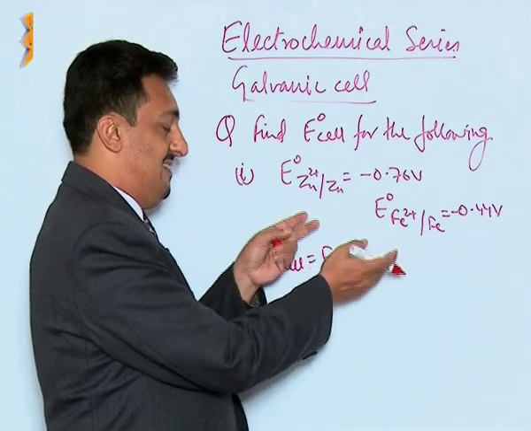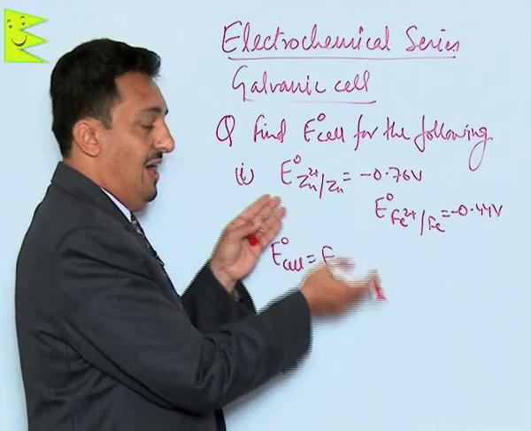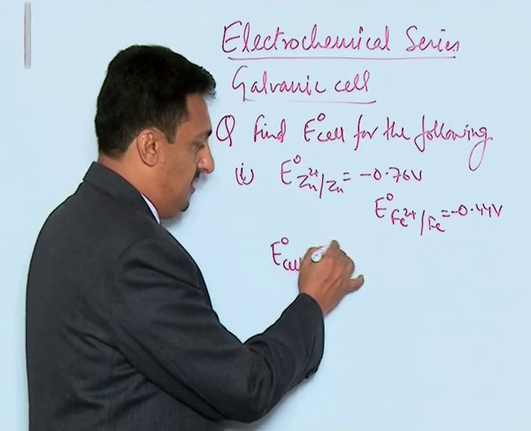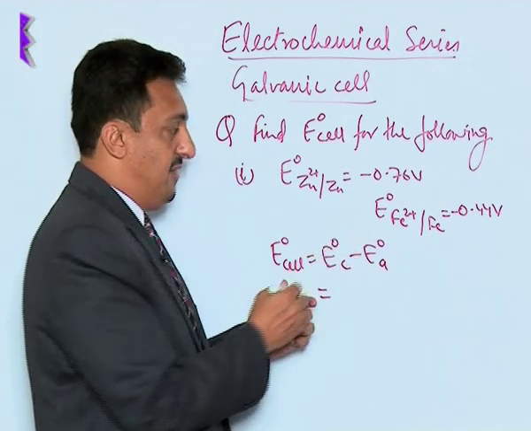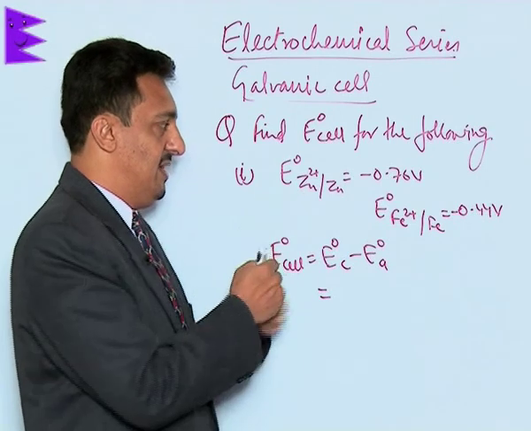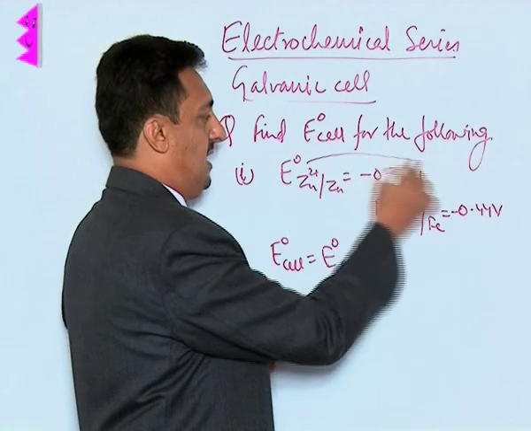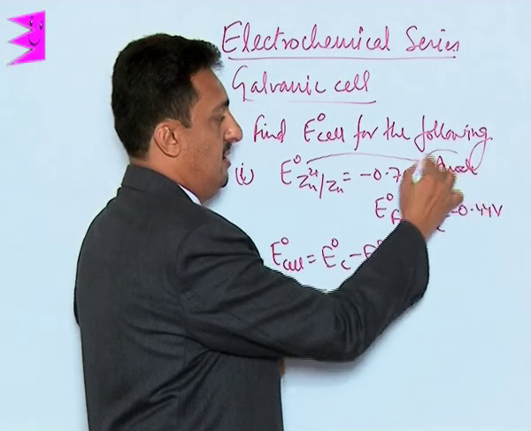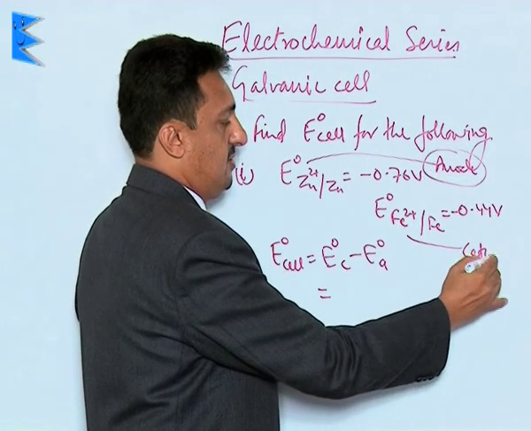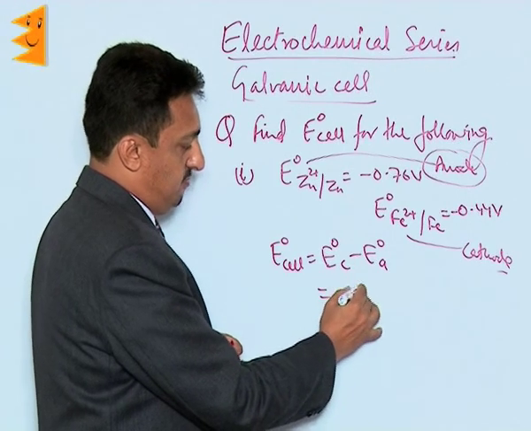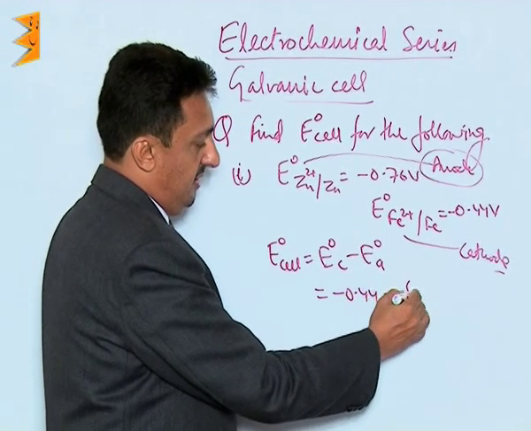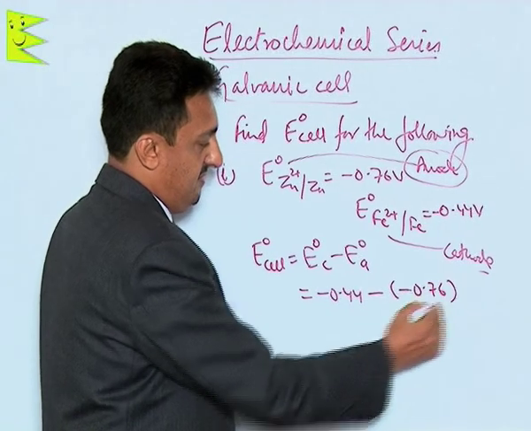the E0 cell of the cell formed by connecting these two half cells will be E naught cathode minus E naught anode, and out of these the one with the lower E naught reduction potential will behave as an anode. So this will become your anode, this will become your cathode. So your cathode is minus 0.44 and the anode is minus 0.76 volt.